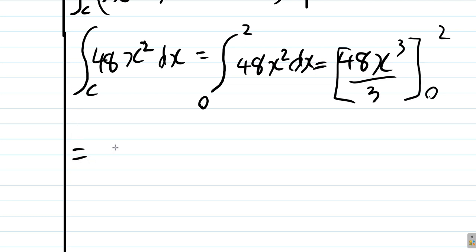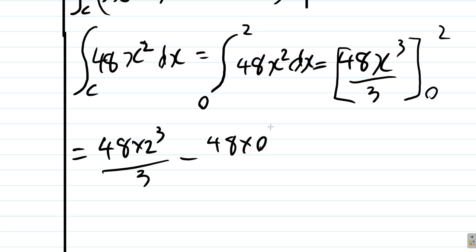Let's substitute the values. 48 times 2 cubed over 3 minus 48 times 0 cubed over 3, which amounts to 0.